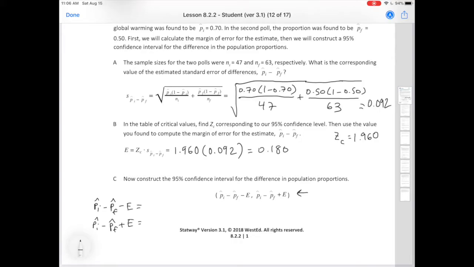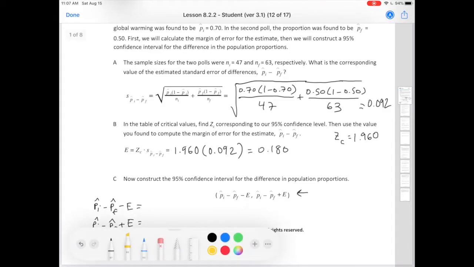By the way, some of you might be wondering, how do I know that I subtract them in that order? Is it always initial minus final? That's actually a good question. There is no standard way of doing this, because some people might want to do the subtraction the other way. You are always going to be told the order of the subtraction by the problem. You could see here that they told us the order.